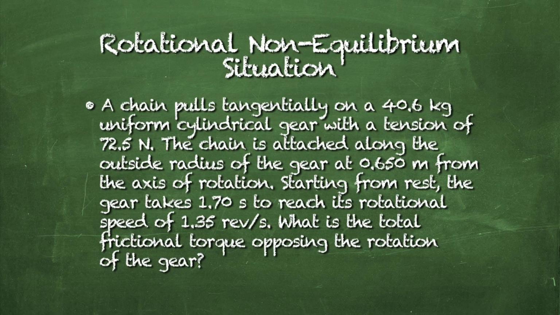So you have to visualize that frictional torque in the situation when you're drawing your diagram. So go ahead and draw your diagram, list your knowns and unknowns that you're given, list your equations for modeling this situation.